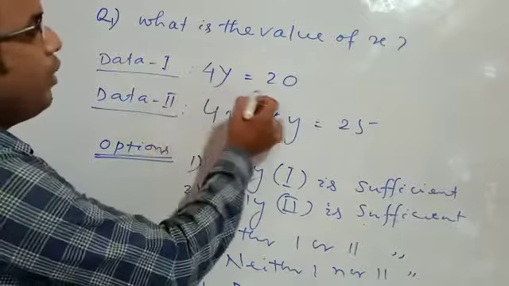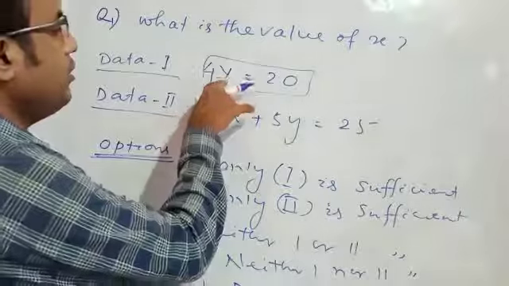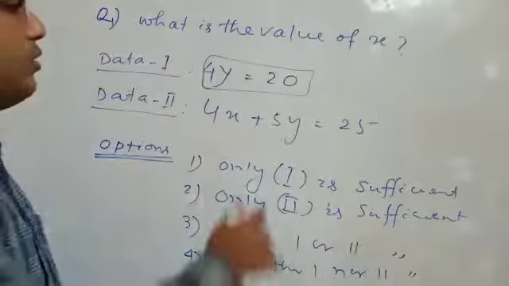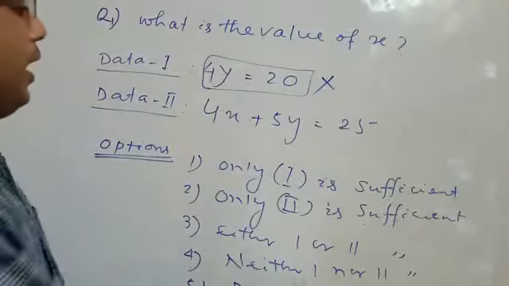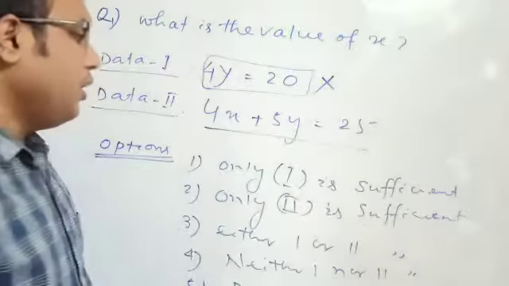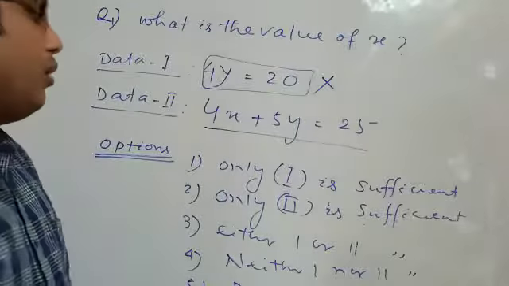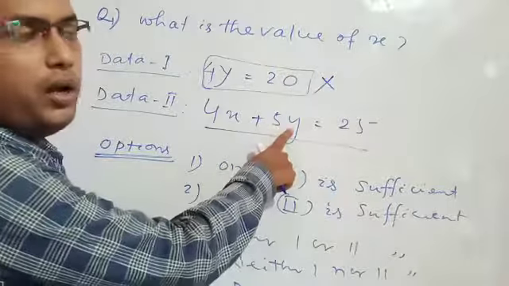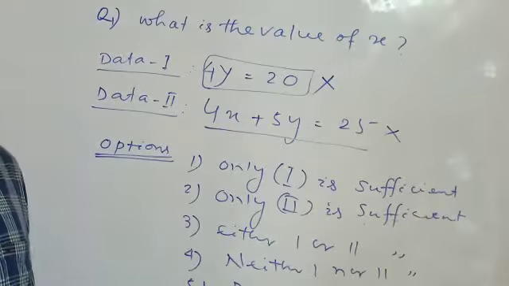Here in 4y = 20, the variable is only y, and x is not there, so data 1 is not sufficient to answer the question. And in the second one, there are two variables x and y. Without the value of y, how can we determine x? It is not sufficient to answer the question, right?